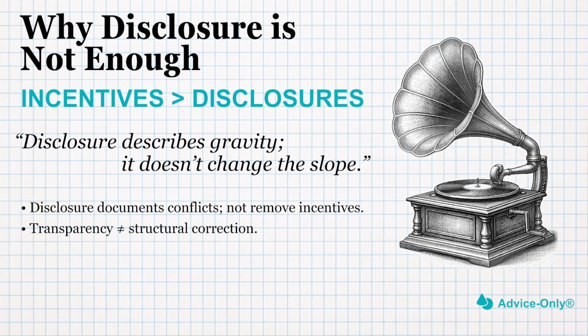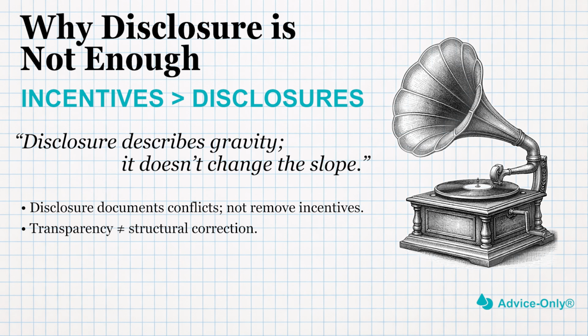Advice only is about preserving an objective decision environment so that strategy can emerge from the data, not from a predetermined conclusion. Fiduciary reliability cannot rest solely on disclosure or personal restraint. It must be supported structurally. And that is why we need to talk about structure.